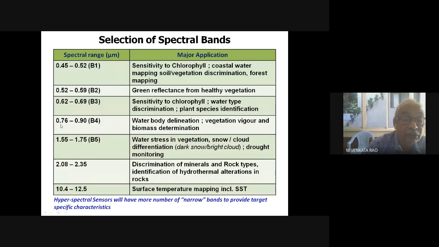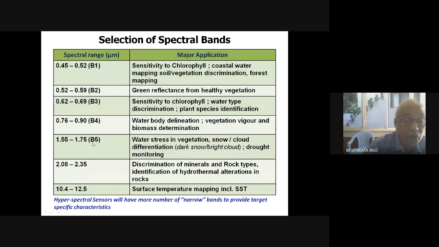This is the near infrared band, 0.76 to 0.9. Since water reflects less, you can easily identify water bodies, and also vegetation vigor and biomass.